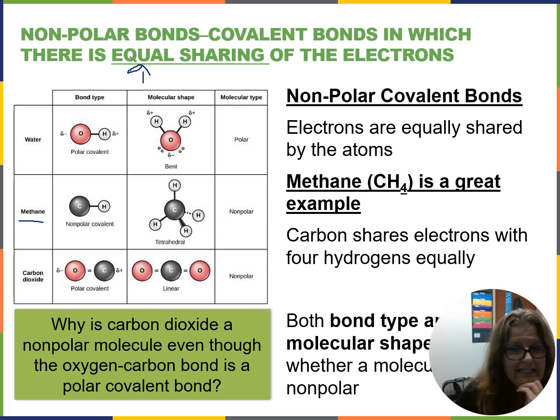Therefore that's non-polar. There are no charges; this is a neutral molecule. When we say polar, we mean this one has charges on the ends, whereas non-polar has no charge.